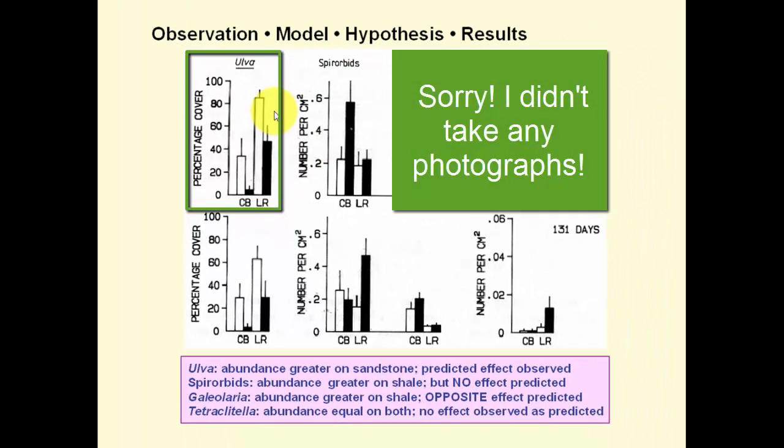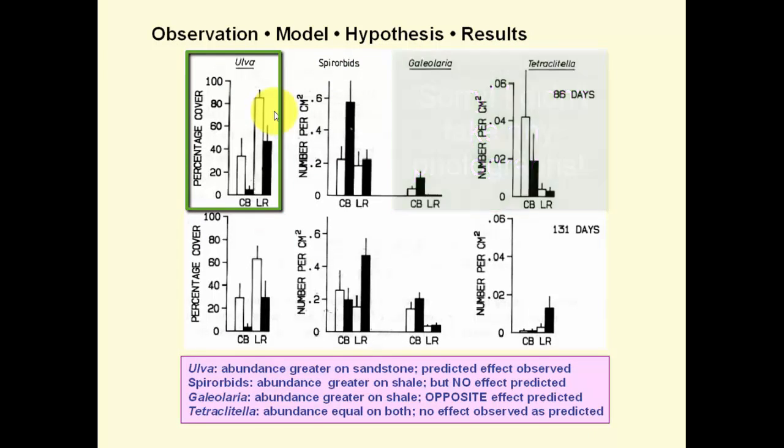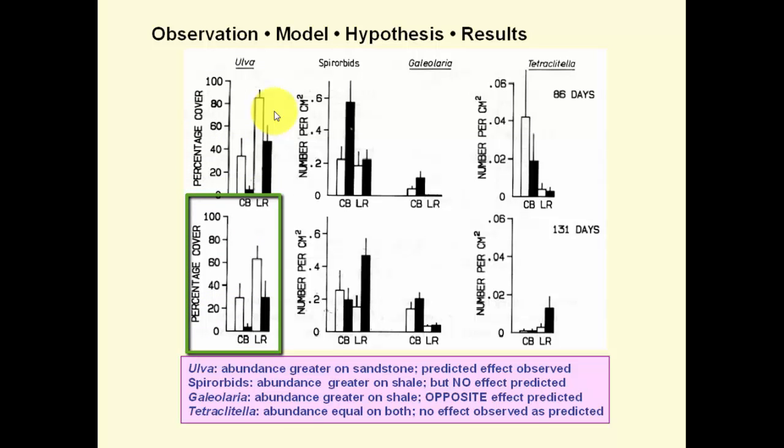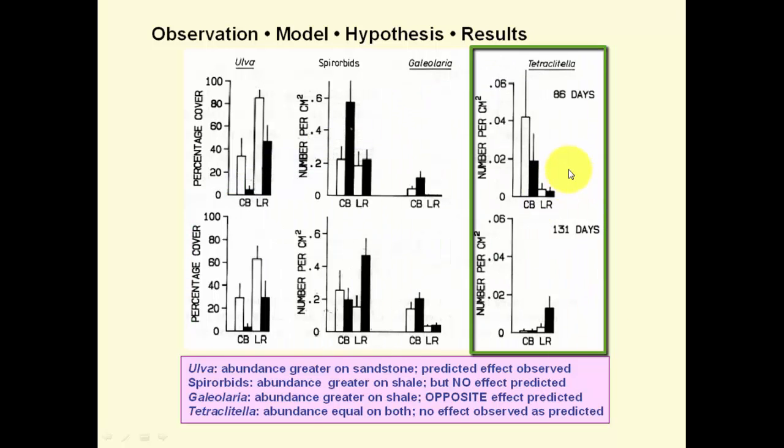Nearly all of the top of the sandstone boulders was covered by sea lettuce, but only about half of those shale boulders. If you go down a month and a half later, the stuff has started to die off a little bit, or it's getting eaten, but the pattern holds. So, if we go down to conclusions there, abundance greater on sandstone, the predicted effect observed, the model gets a big tick.